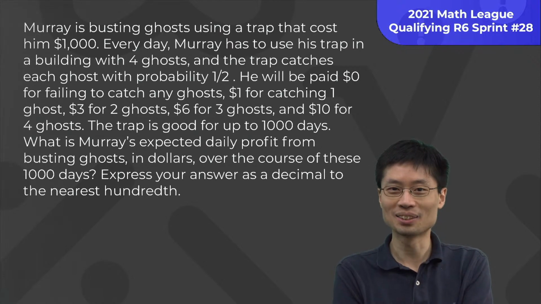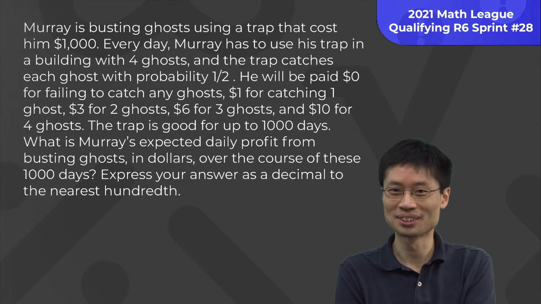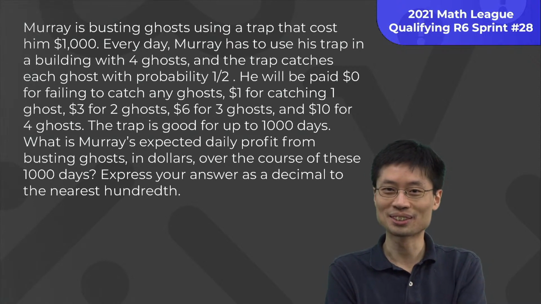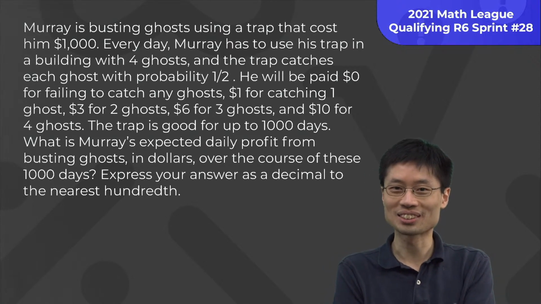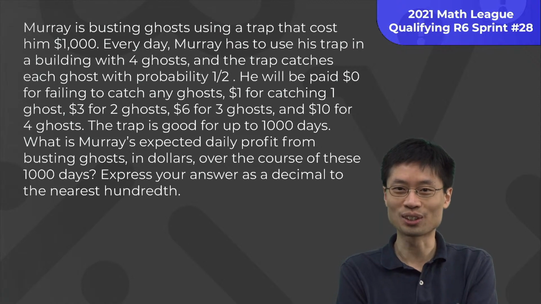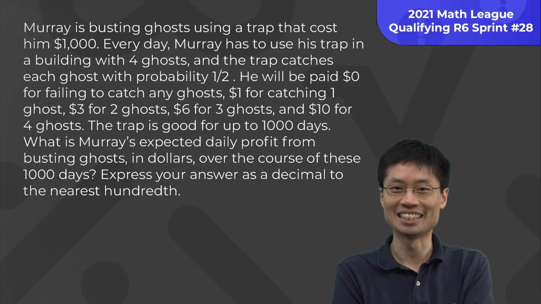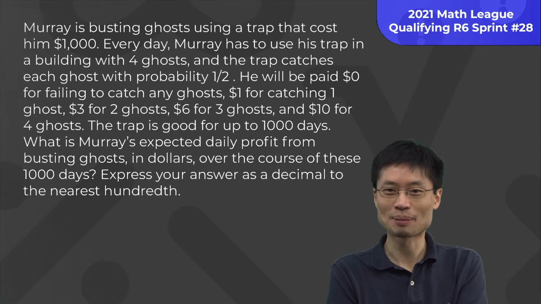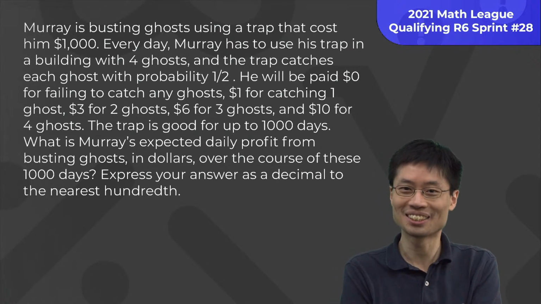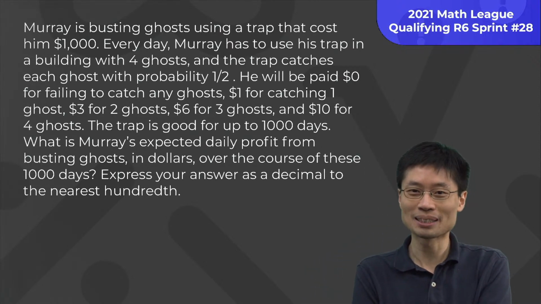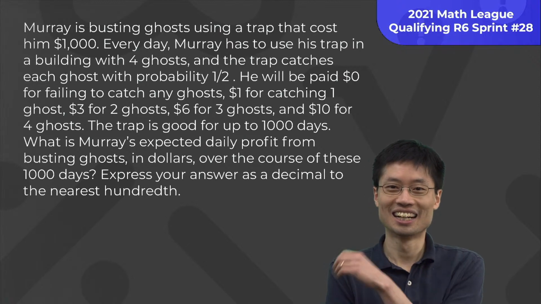He will be paid $0 for failing to catch any ghosts, $1 for catching 1 ghost, $3 for 2 ghosts, $6 for 3 ghosts, and $10 for 4 ghosts. The trap is good for up to 1,000 days. What is Murray's expected daily profit from busting ghosts in dollars over the course of these 1,000 days? Express your answer as a decimal to the nearest hundredth.